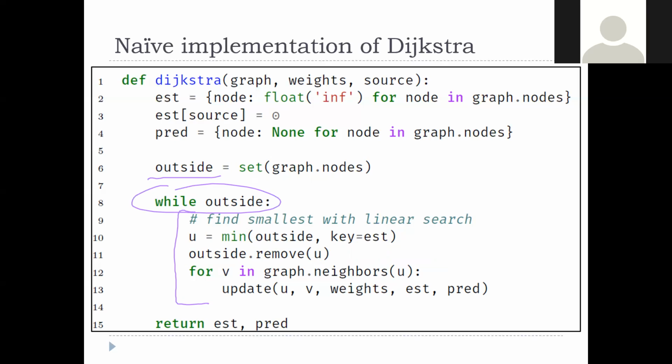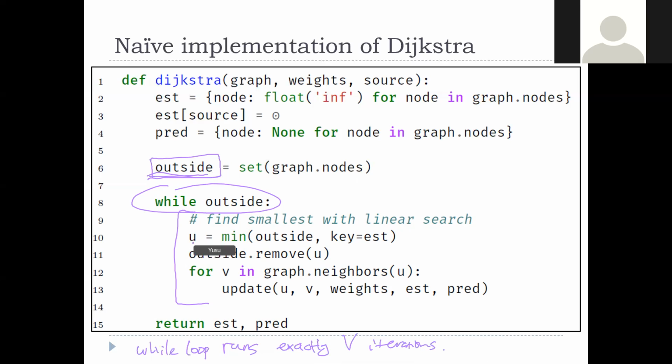Well, we have to visit all the nodes. The outside starts with all the graph nodes, and each time we remove one from outside and add it to C. We have to do this V times so that the outside becomes empty, so we process all the outside nodes. So the while loop runs exactly V iterations.